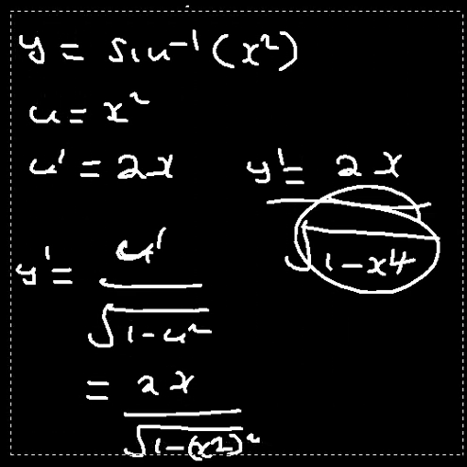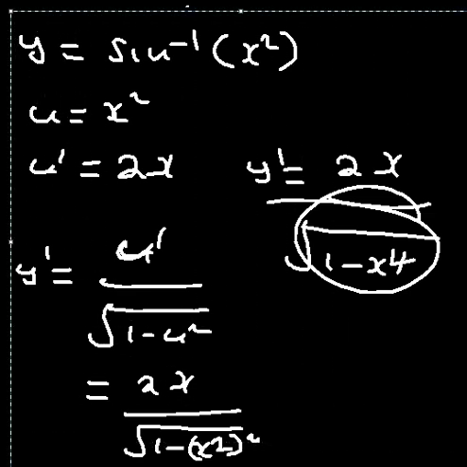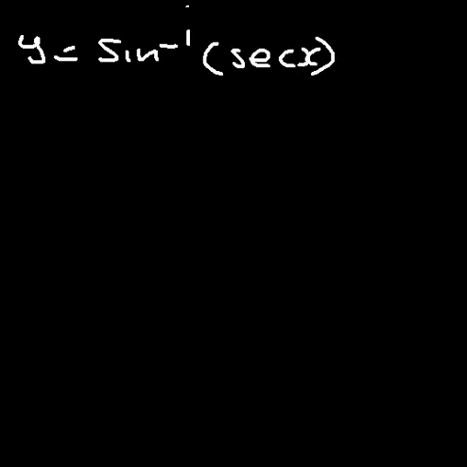Now what if we have this other case? You need to familiarize yourselves very well with the differentiation laws. Let's say we have y is equal to sine inverse of sec x. So what is the derivative of this function? The principle remains the same.